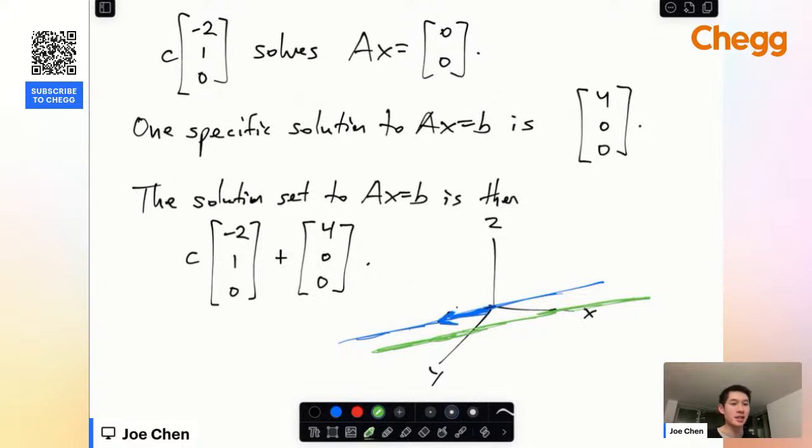If I want the solution set to some quadratic equation or some trigonometric equation, I can't just solve it for, say, f of x equals 10 by taking f of x equals 0 and then shifting it. It doesn't work like that. So this is a special thing to linear algebra.